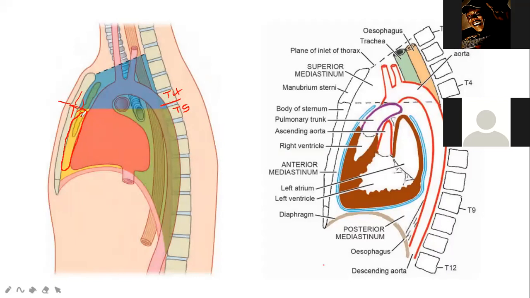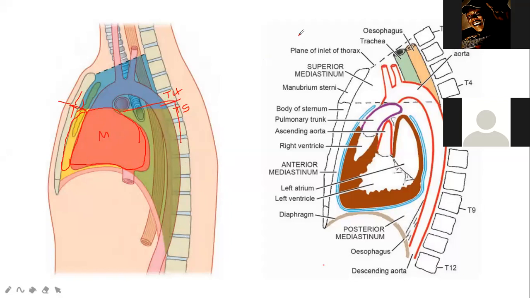Then the middle mediastinum is this part, the pericardium, that is with the heart. So the inferior mediastinum is divided into anterior, middle, and then the posterior mediastinum is the one in green.